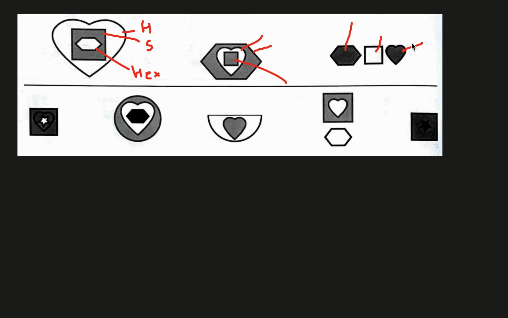So I need three objects. How many of them are hollow or filled? That isn't really necessarily the condition here. So I need three objects where I have hexagon, heart, and a square. Where do I find it? I find hexagon, I find heart, and I find square. That's all I need to find, and that clearly is my answer.